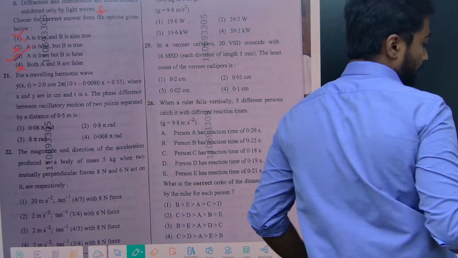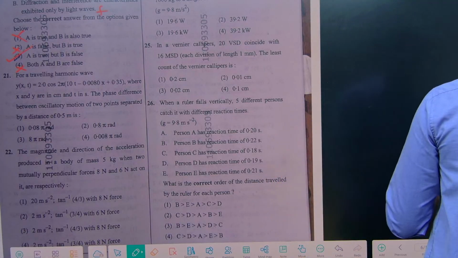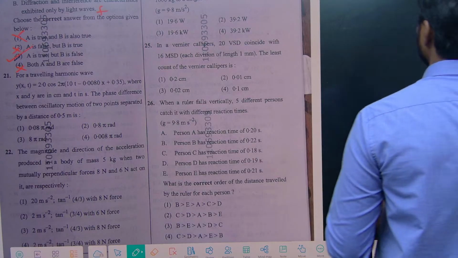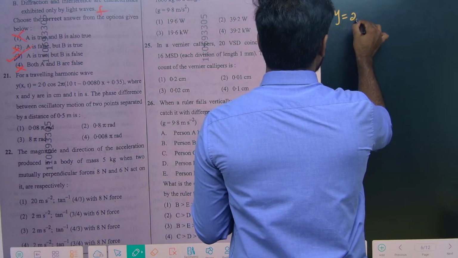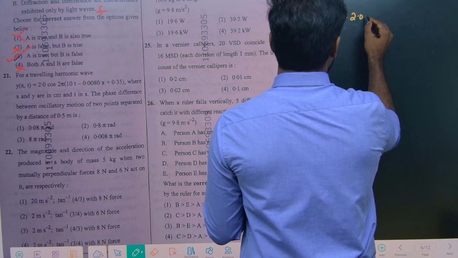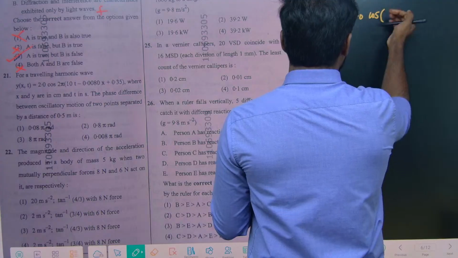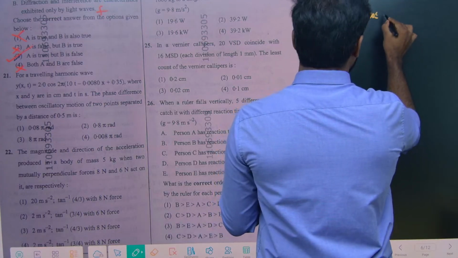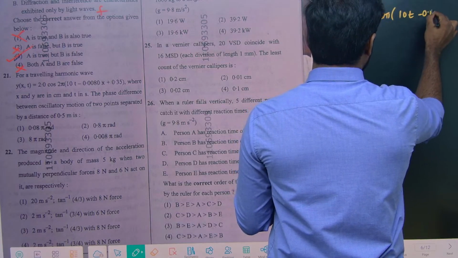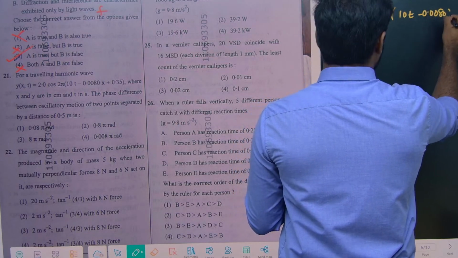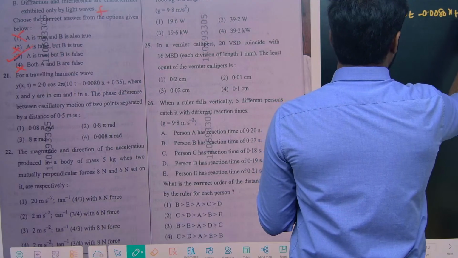I'll take my question paper. So y is nothing but 2.0 cos 2 pi of (10t minus 0.0080x plus 0.35).